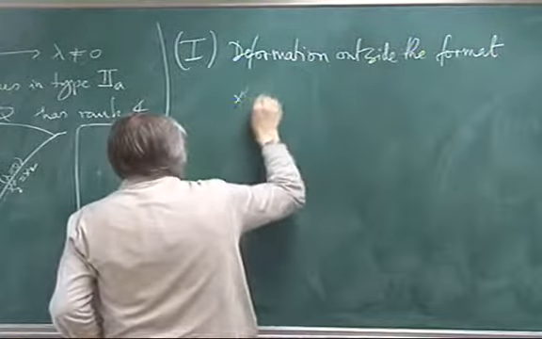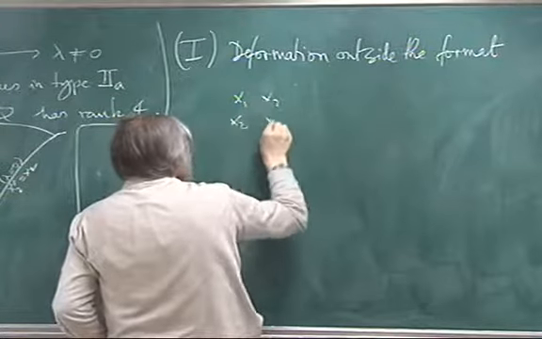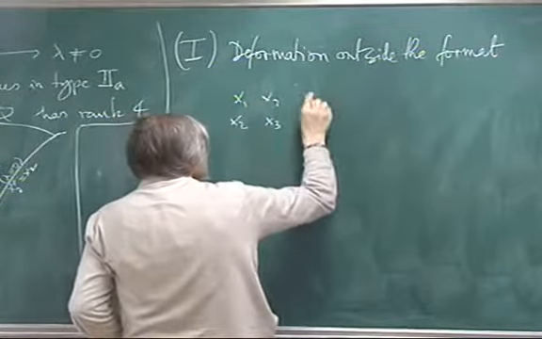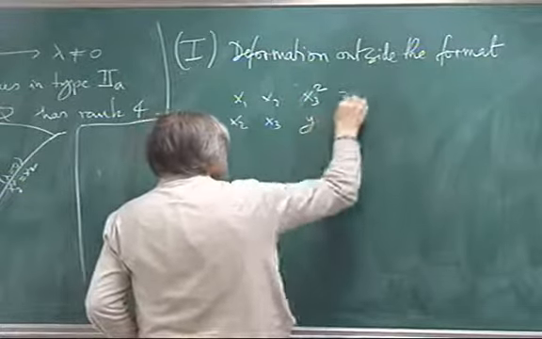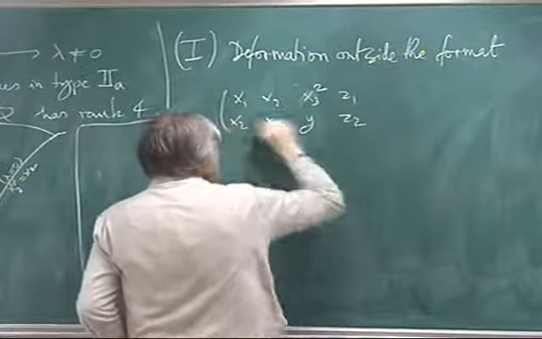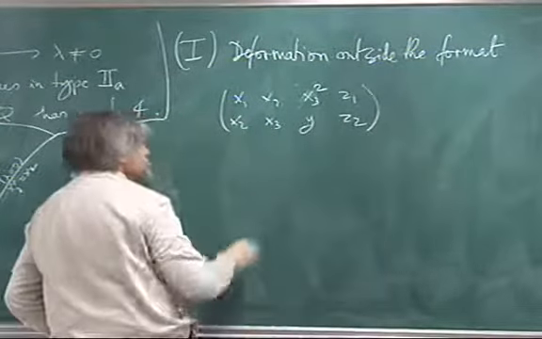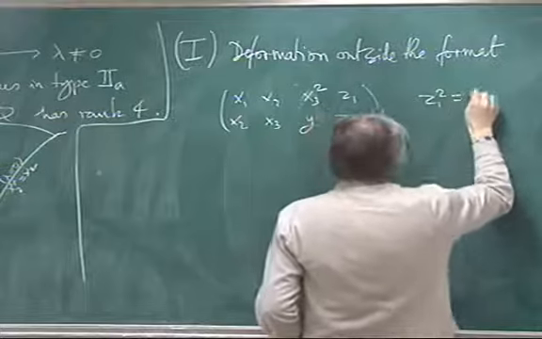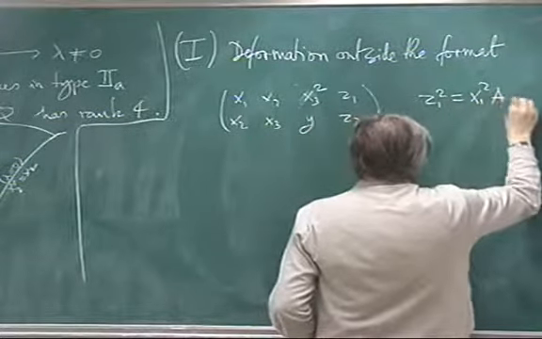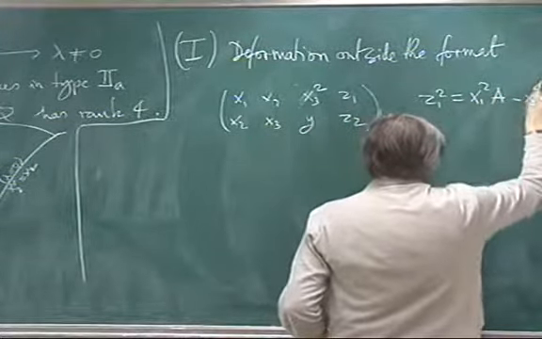Right, so x1, x2, x3, y, x3 squared, y, z1, z2, and then these equations, z1 squared, x1 squared a minus x3 to the 4th bit.